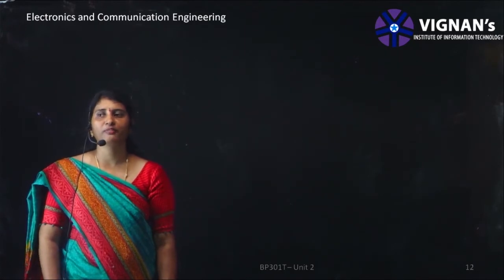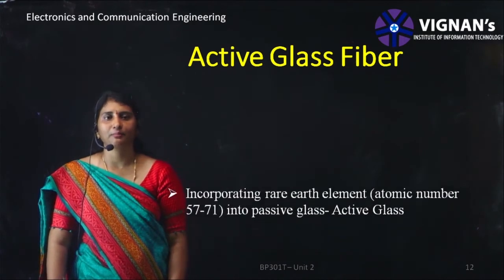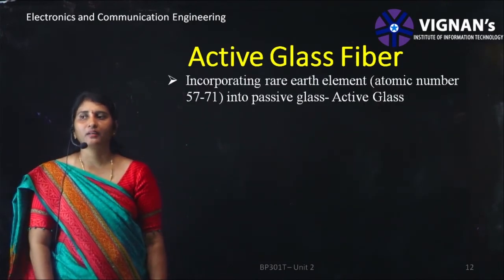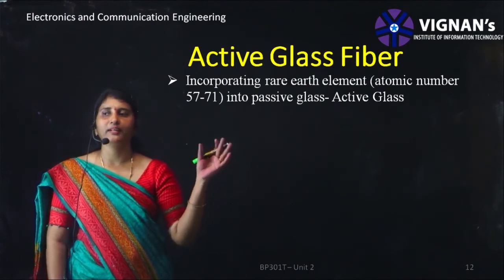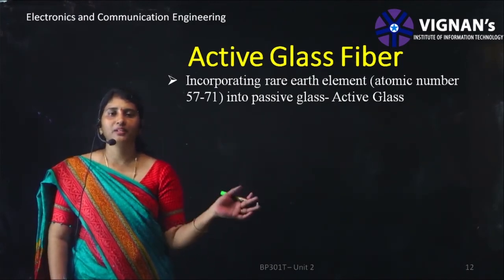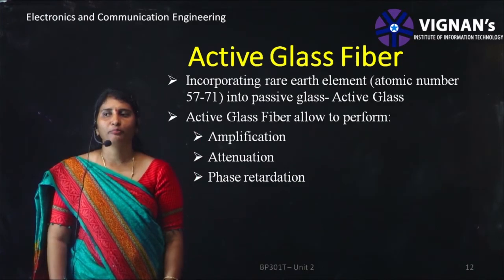The next type of glass fibers are active glass fibers. These active glass fibers are made up of active rare earth elements. When these active rare earth elements are combined with your normal glass, they form active glass optical fibers.